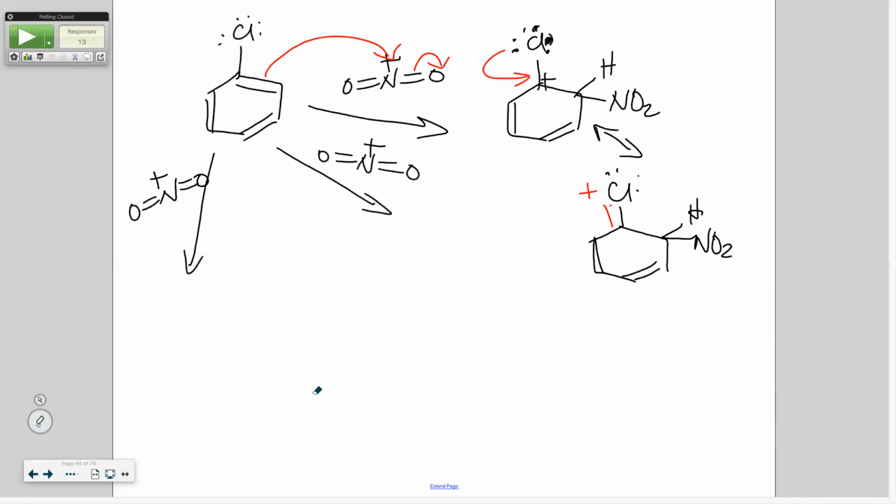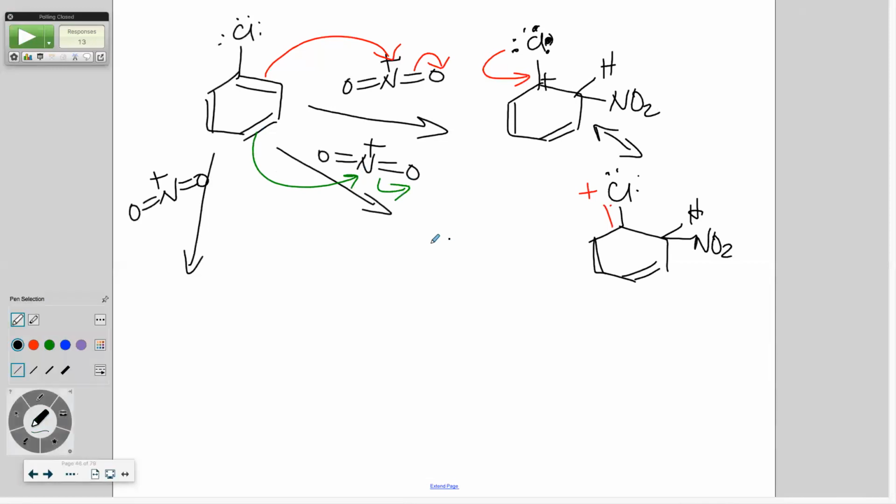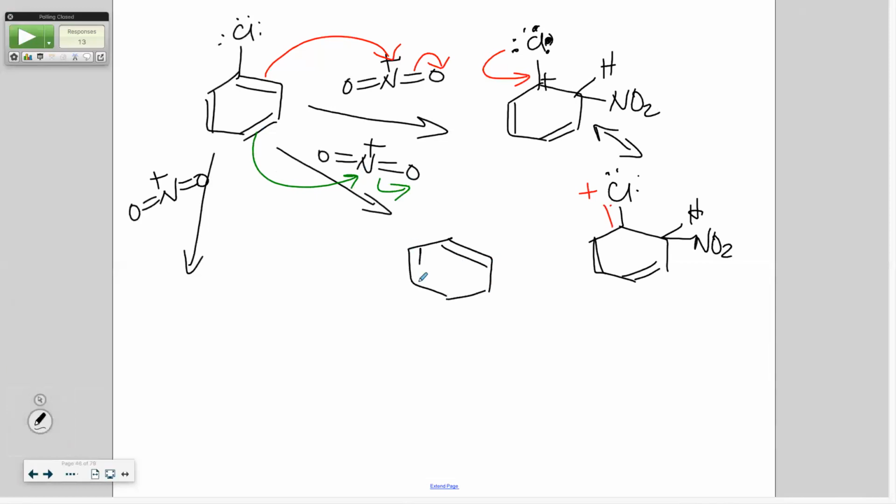Okay, so now look at the meta. So here, we're going to go from here to here. Okay, and we're going to do the meta one. So that's going to look like this.